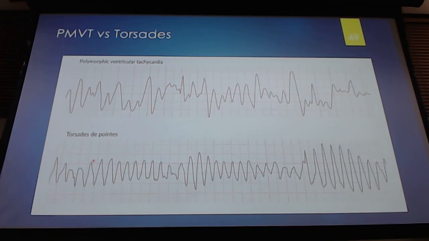Lower, then higher amplitude, then lower, then higher amplitude, then lower. And think about somebody with electrolyte derangements, or they were put on a medication, or have a history of prolonged QT on a medication that can prolong their QT, for those patients going into torsades.